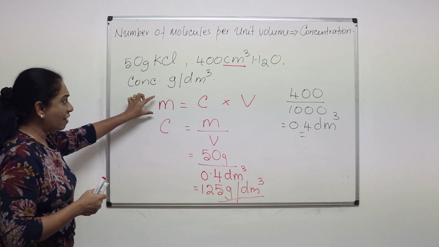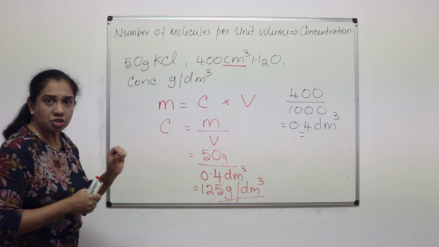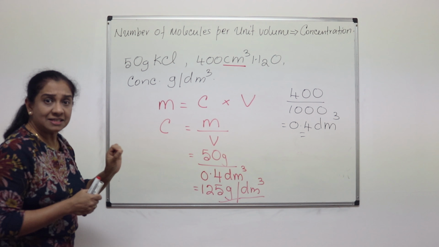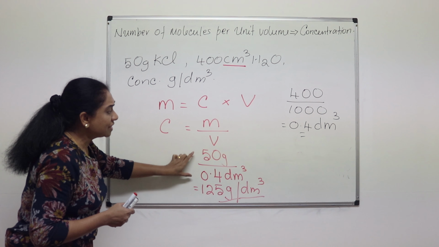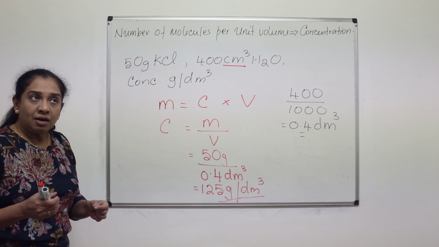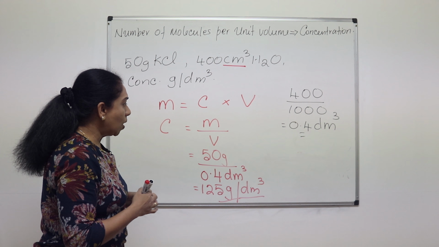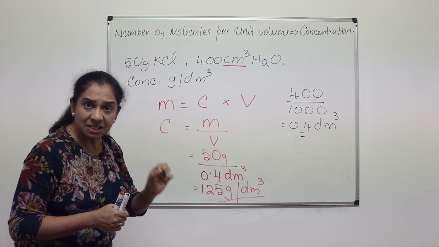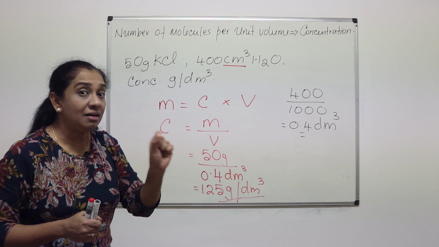First of all, you have to write the formula or the equation to calculate the concentration. Make the concentration the subject, and then you can substitute the values and get the answer. Now, a simple technique I say is always to write down the units next to the values so that you will not forget to give the unit in the right way.